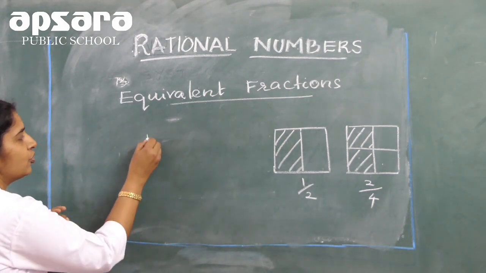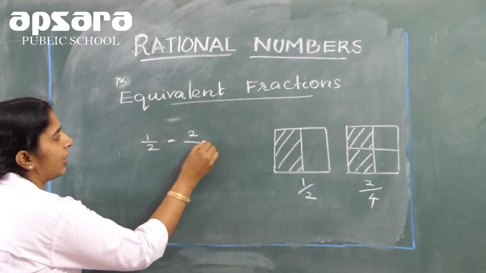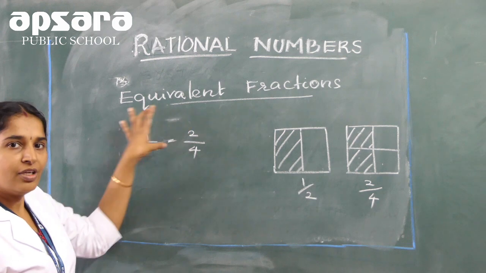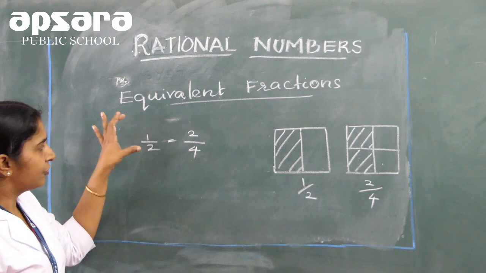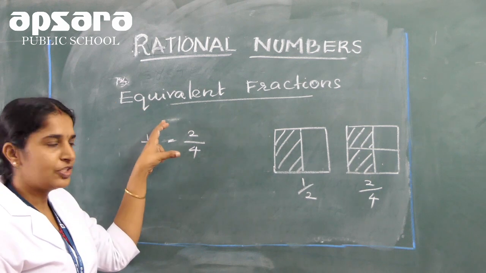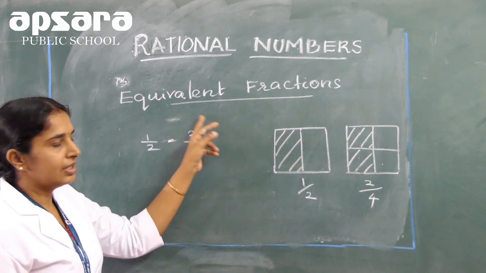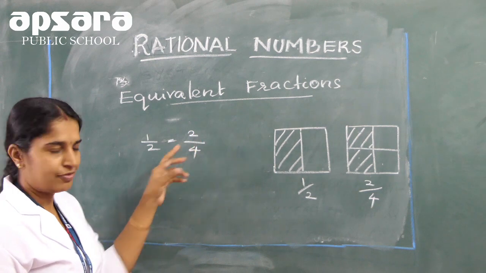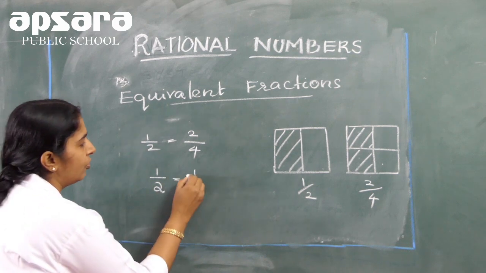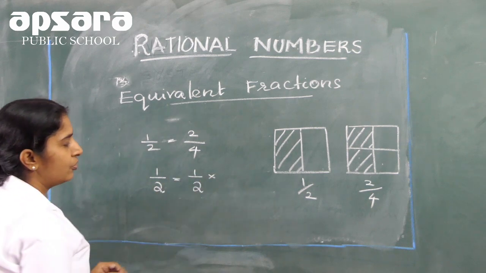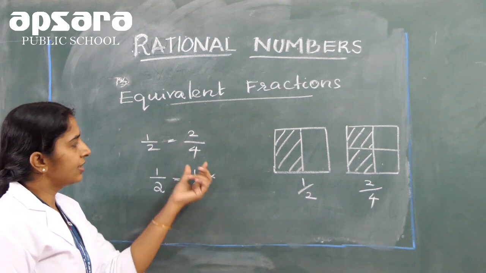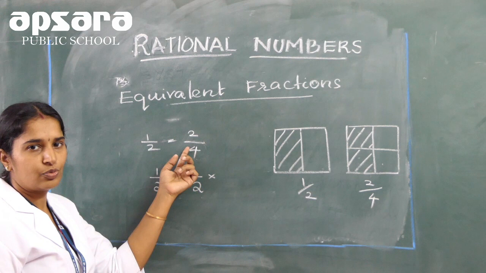Here 1 by 2 is equal to 2 by 4, right? But how will you obtain this 2 by 4 from 1 by 2? You have to multiply both the numerator and denominator by the same digit, which will give the resulting fraction as 2 by 4. 1 by 2 is equal to 1 by 2 into, take the same digit in the numerator and denominator so that the denominator product will be 4.